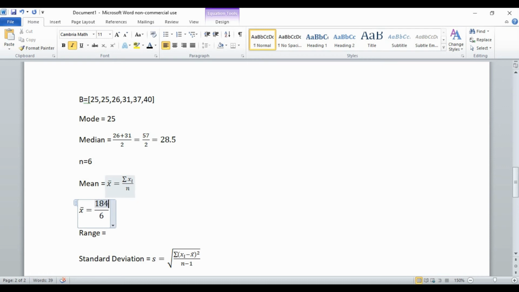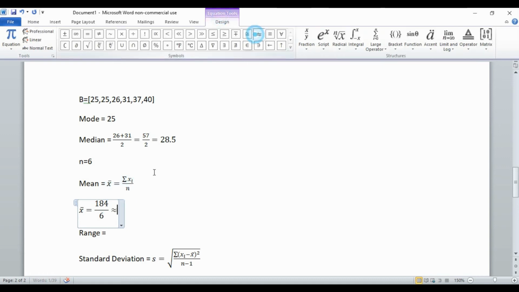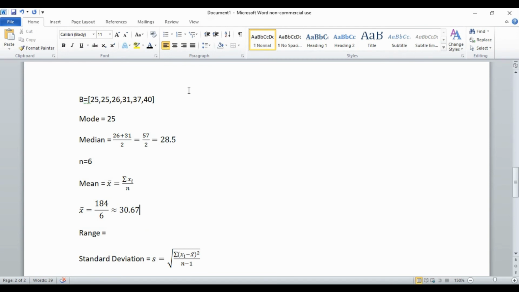And then 184 divided by 6 is equal to, and this becomes an approximate, I'm going to round, 30.67.